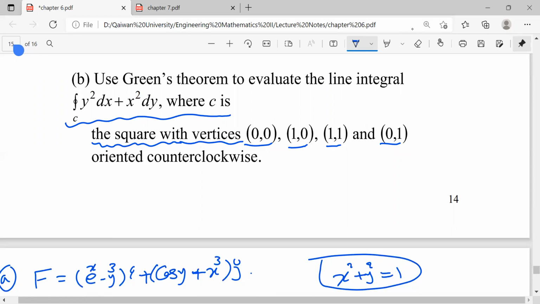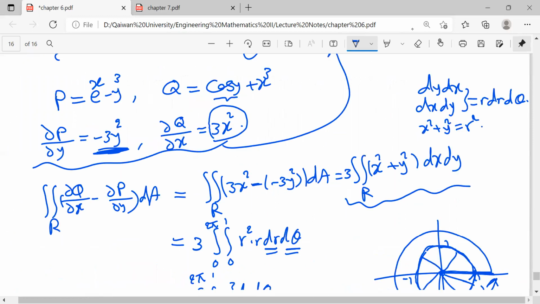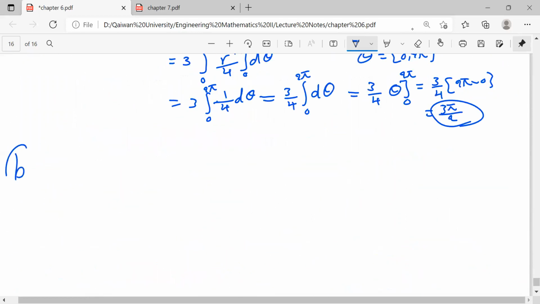Let's draw the square first. The vertices of the square are 0, 0, 1, 0, 0, 1, and 1, 1. We join these vertices to get the square. This is the square. We find the line integral over this square.